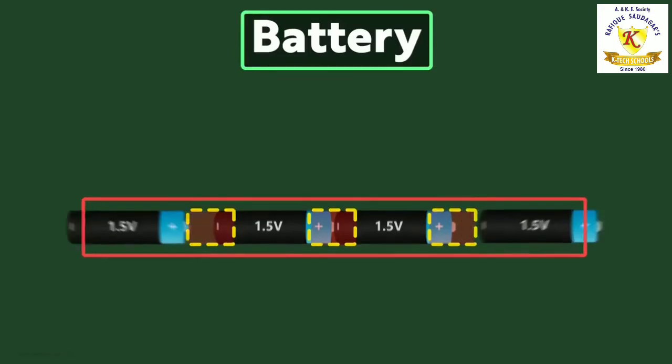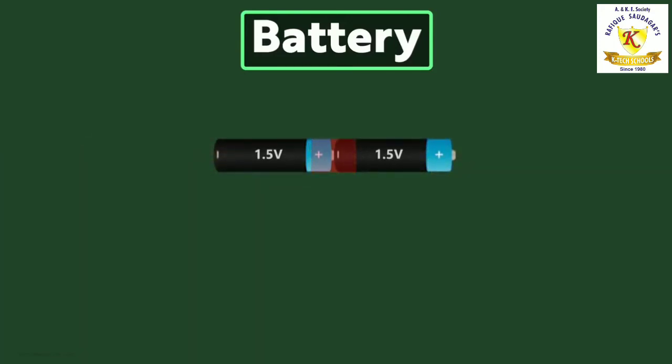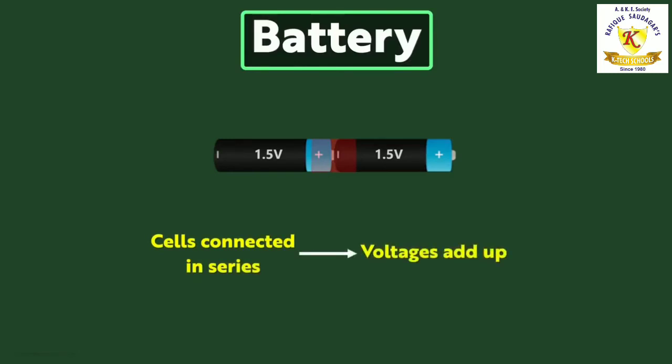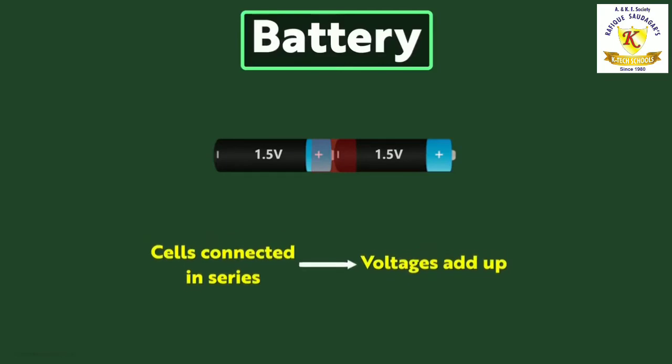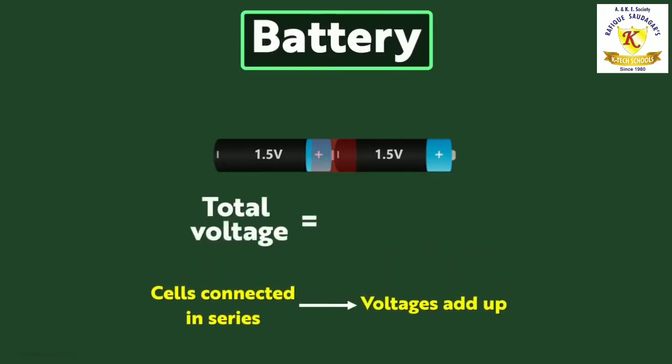Now let's talk more about a battery. What is the voltage of a battery of a combination of two cells? Well, if the cells are connected in series, then their voltage is added up. This means that the voltage of this battery will be 1.5 volt plus 1.5 volt.